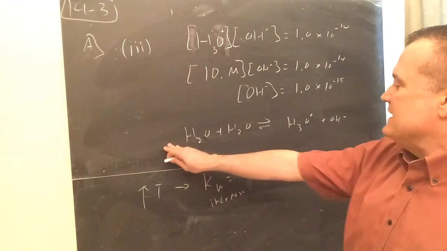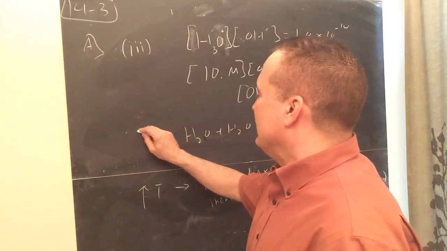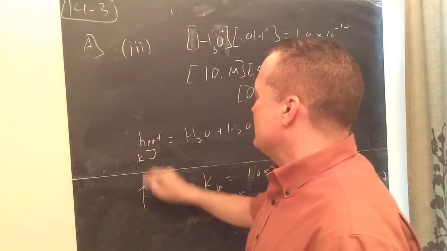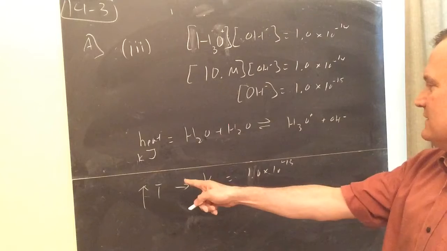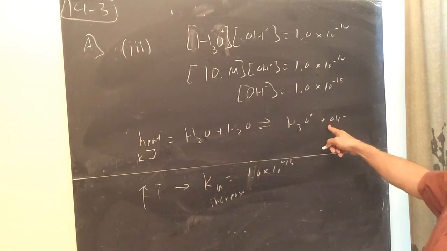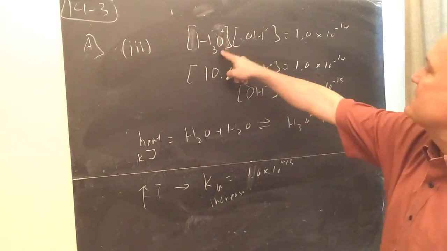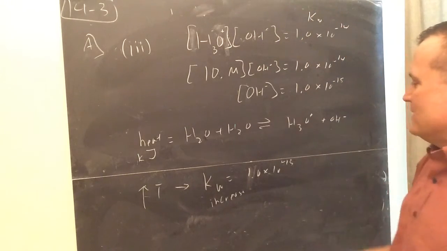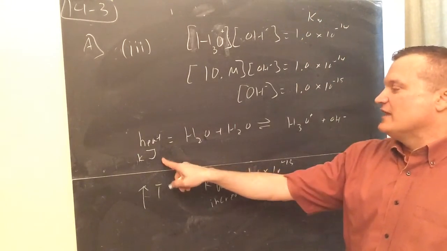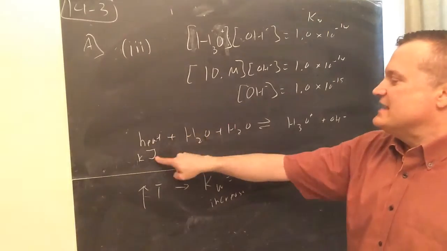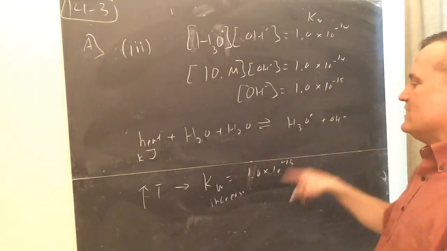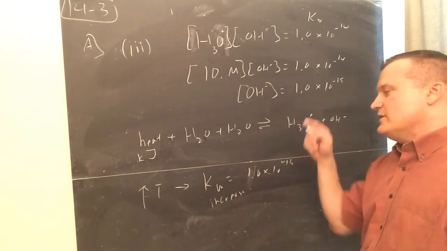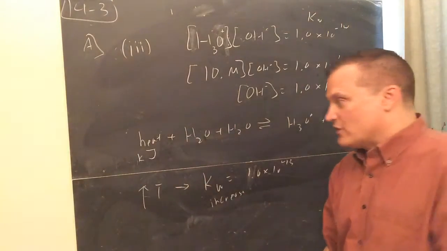Heat would have to be on this side, energy, the joules or kilojoules. Because if I add more heat, then that number gets higher and that number gets higher, so therefore your Kw will get higher. So it must be on the left side. It should be plus: heat plus this gives you that. So you increase temperature, Kw gets to be a higher value. You decrease temperature, and it will be a lower value.